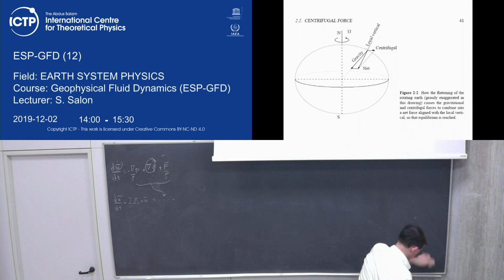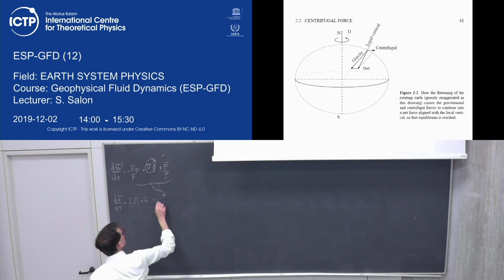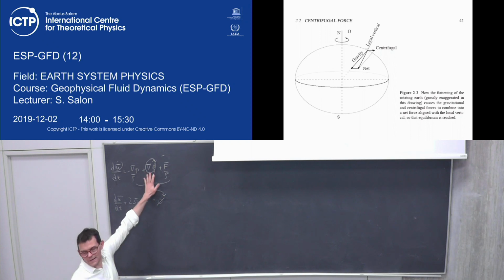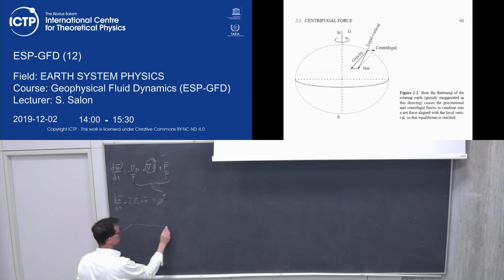And what happens if all this is zero? So it's a very strong approximation. I'm just saying that gravitation is zero. Okay, it's not possible. But let's say that I don't have any kind of pressure force, no surface force, no body forces.